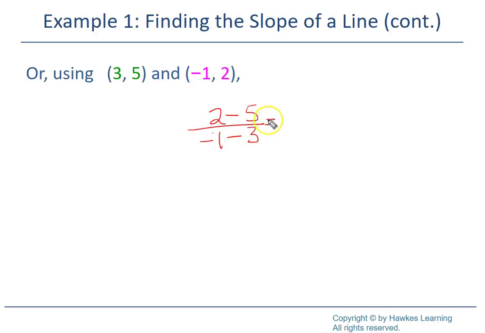So this now becomes a negative 3 over negative 4, which becomes a positive 3/4. So if we designate the other ordered pair as the sub 2's, it works out the same. So you can do it either way, and that's what they're showing you here.